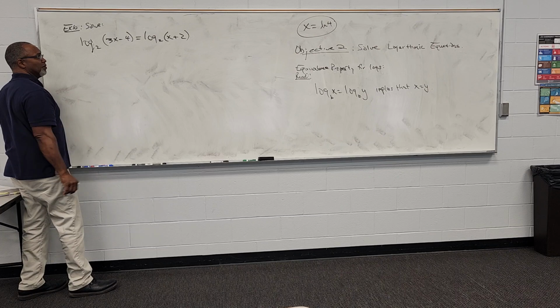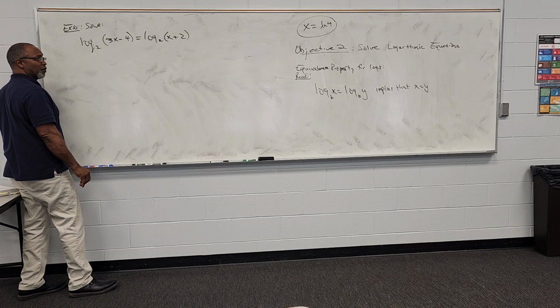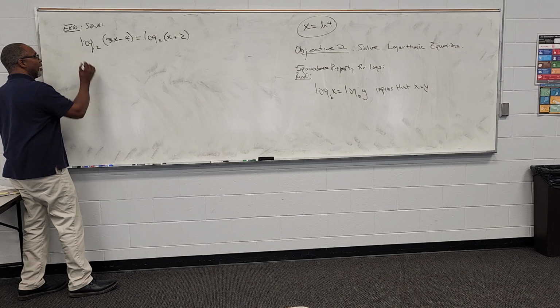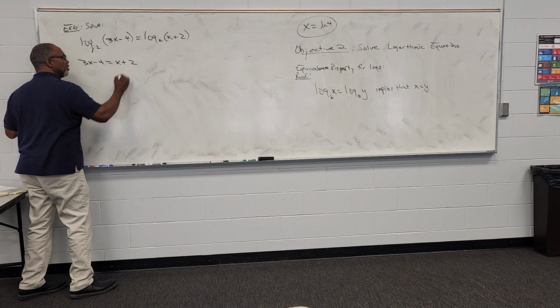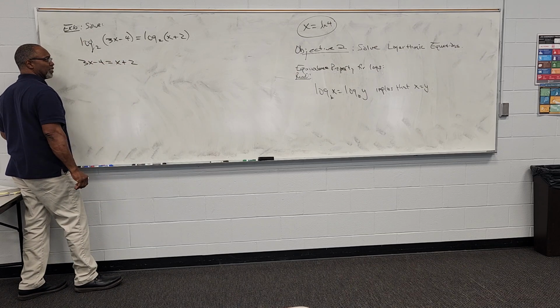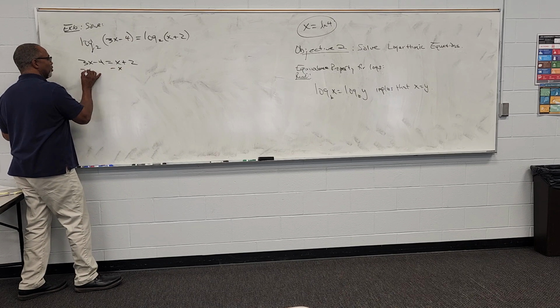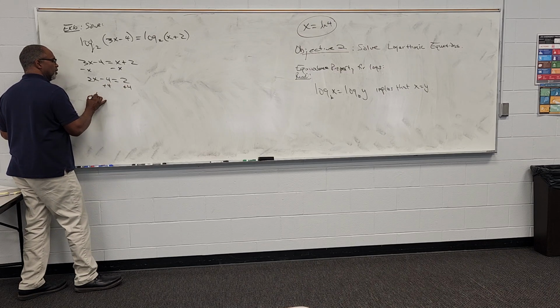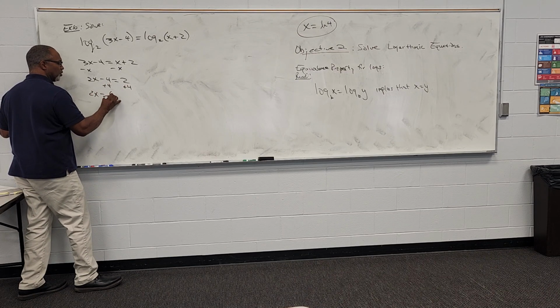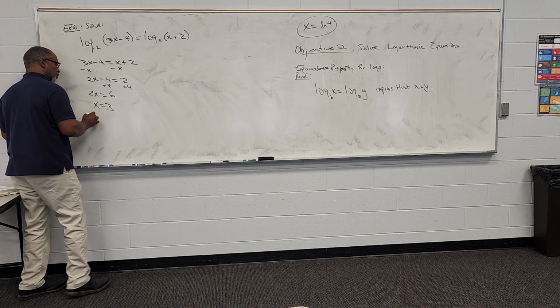So I have exactly that property, or that premise. Log to the base b of x equals log to the base b of y. So I can conclude that 3x minus 4 is equal to x plus 2. And now all I got to do is solve this nice linear equation. I'm going to subtract x on both sides. 2x minus 4 equals 2. Add 4 to both sides. 2x equals 6. x equals 3.